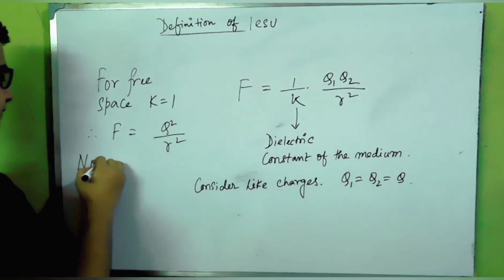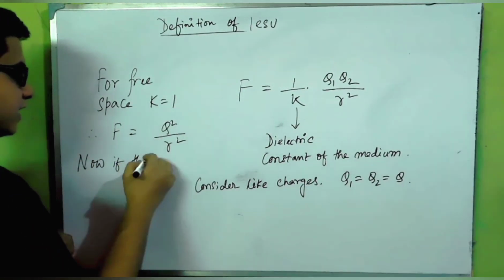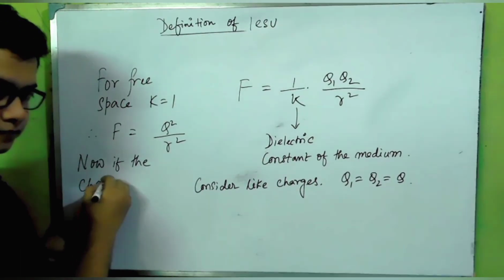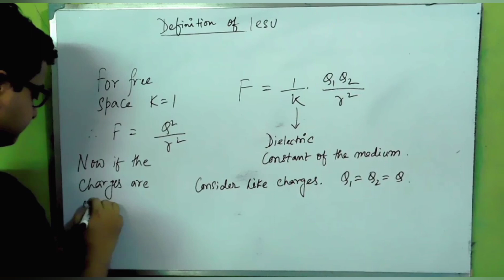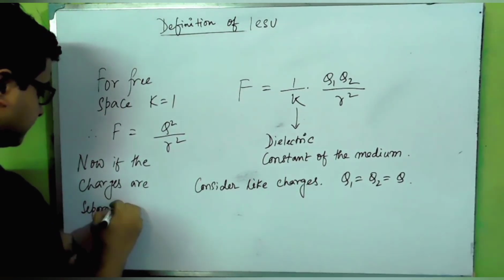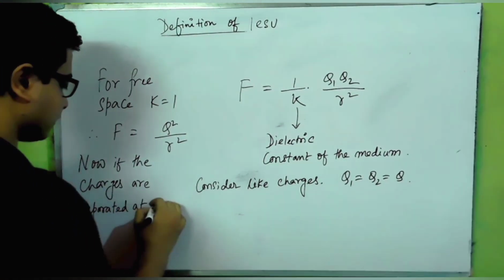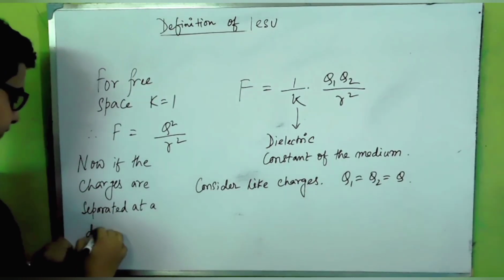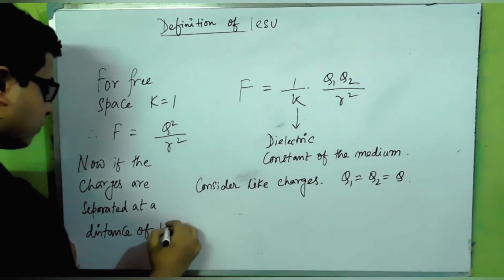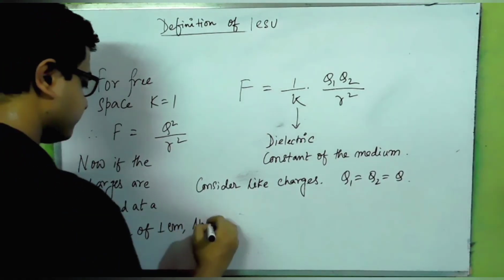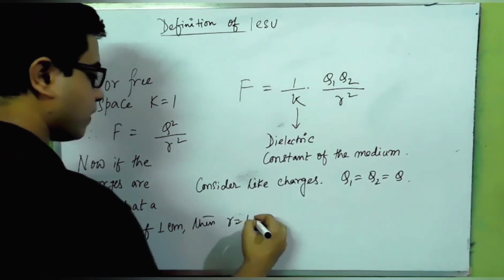Now if the charges are separated at a distance of 1 centimeter, then R is equal to 1.